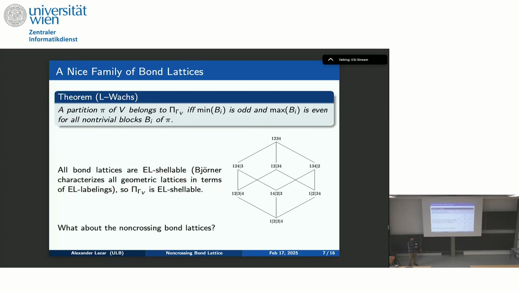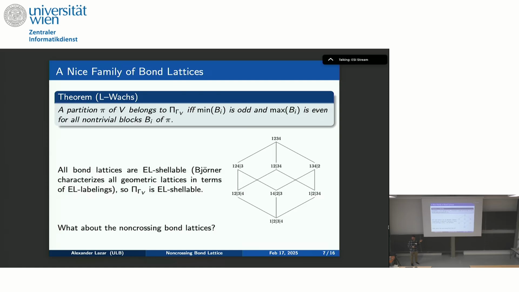And so the natural question is then, what about in the non-crossing case? So we've already seen that these non-crossing bond posets, first of all, they depend very heavily on the choice of vertex labeling, although I've implicitly fixed one here. And they don't need to be lattices.